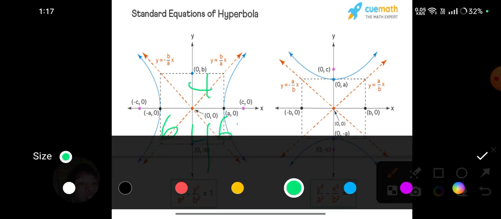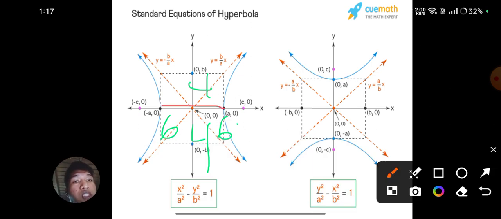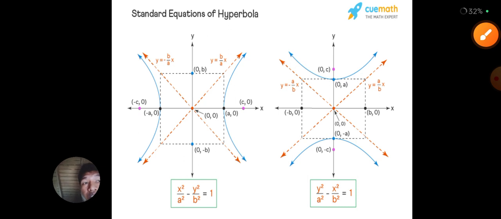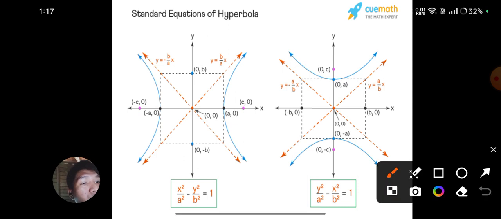Take note that the longer is here, the x, and the shorter is the y. Same here at the right side: the y-axis is bigger, here 6 and 6, and here the same.